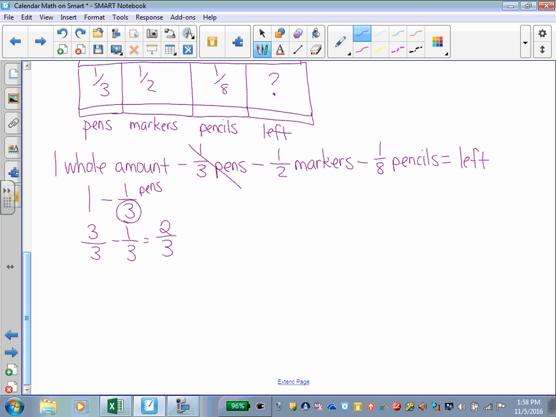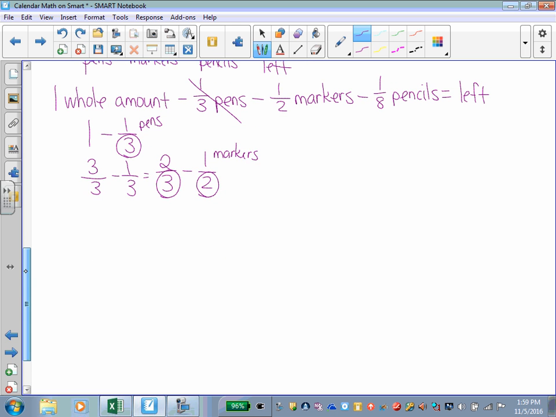Now we need to take this 2/3, which is what she has left after she spent the 1/3 on the pens, and we subtract the 1/2 for the markers, minus 1/2, and we'll label that markers. Right now, I can't just subtract. I have to find a common denominator for 3 and 2.